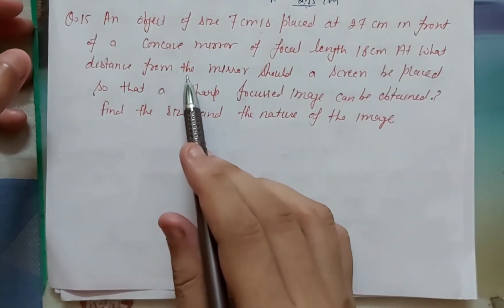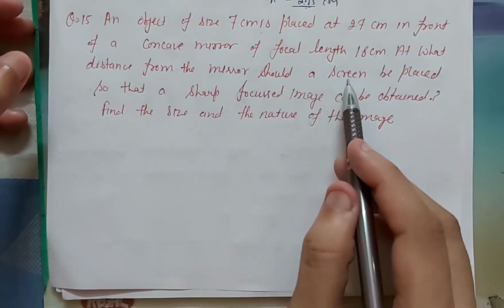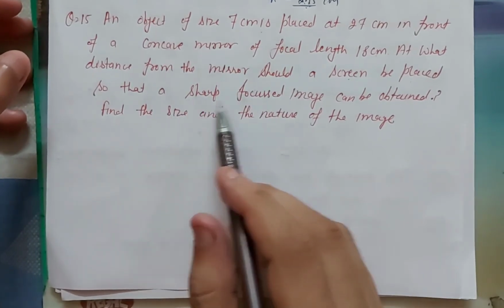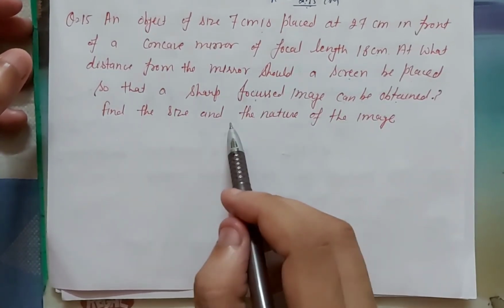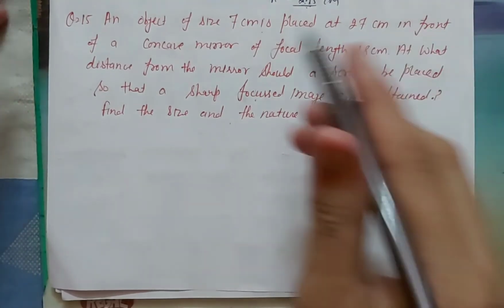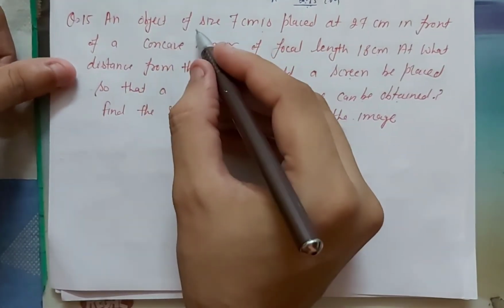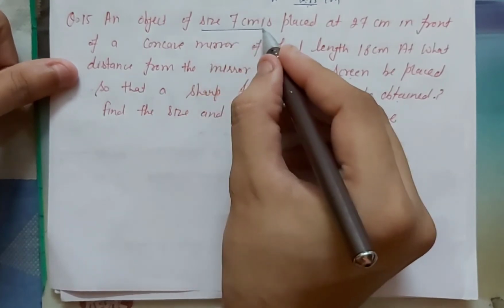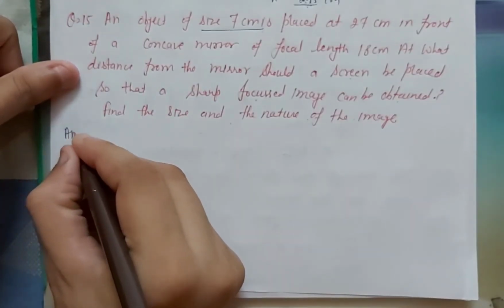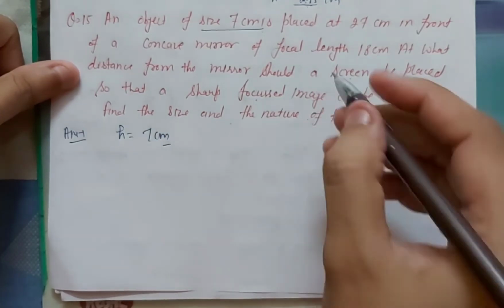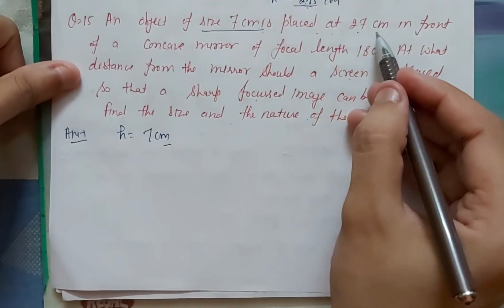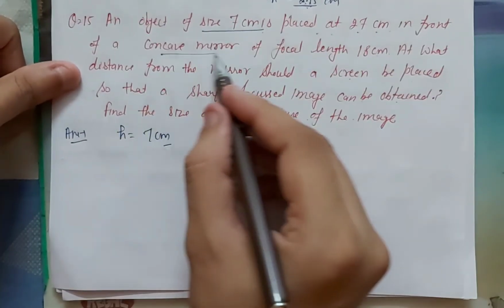So the object size is given as 7. We can write h is 7 centimeter, placed at 27 centimeter in front of a concave mirror.